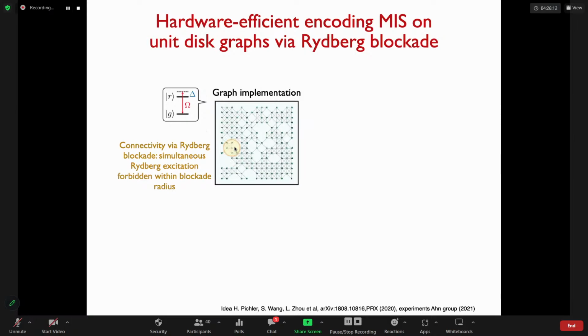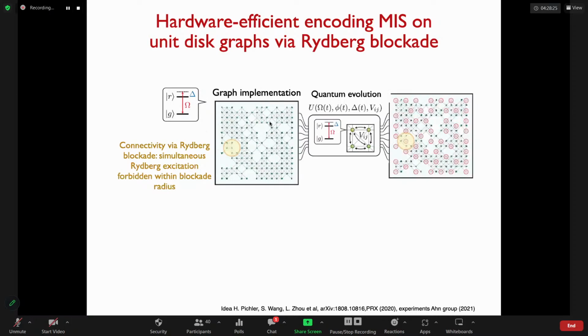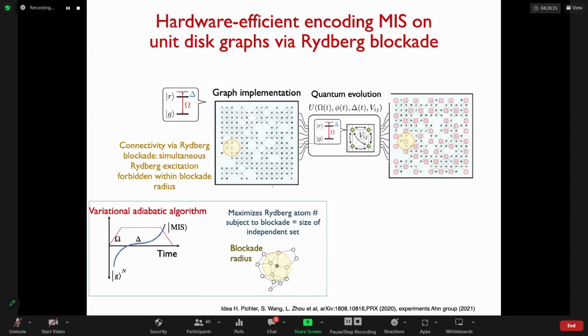After that, what we do is very similar to what I described so far. We start with all atoms in the ground state, and then we design some pulses to excite the atoms simultaneously with radio frequency energy tuning, with the idea to maximize the number of excited Rydberg atoms subject to this Rydberg constraint. And of course, we have a choice of how to design this pulse, and we can pick the algorithm.